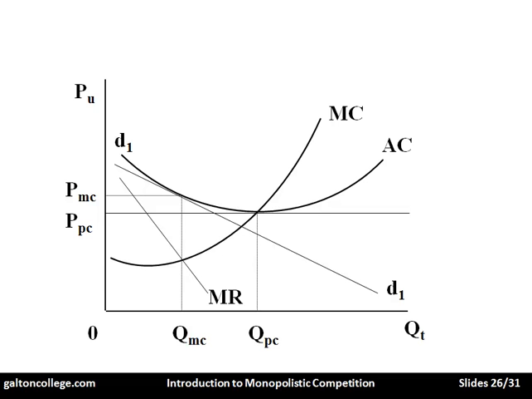And we can also see, by just looking at the diagram, that the price under monopolistic competition is higher. It's also the case if we look at the quantities. The quantity under monopolistic competition, QMC, is less than the quantity under perfect competition, QPC. So, under monopolistic competition, the consumer would pay more and get less.